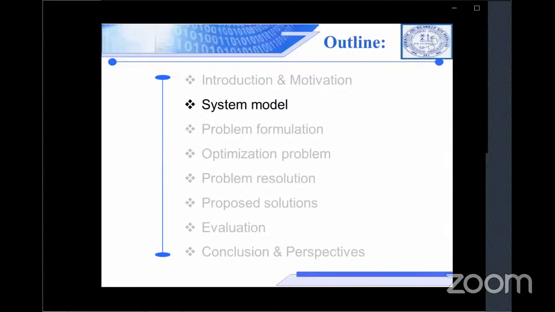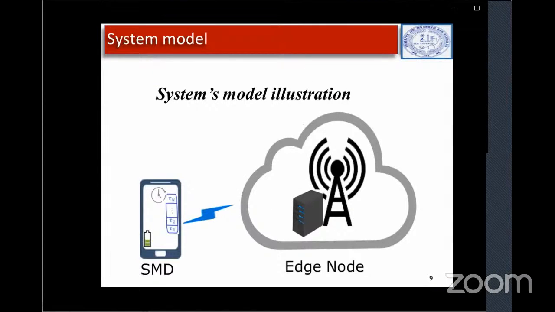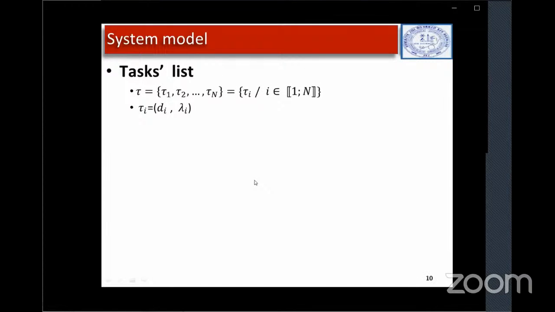Now I will move to our systems model. This figure shows a single smart mobile device containing offloadable multitask list and edge server that can execute the offloadable task that are transmitted from the SMD. In our model, we have a list of n tasks.